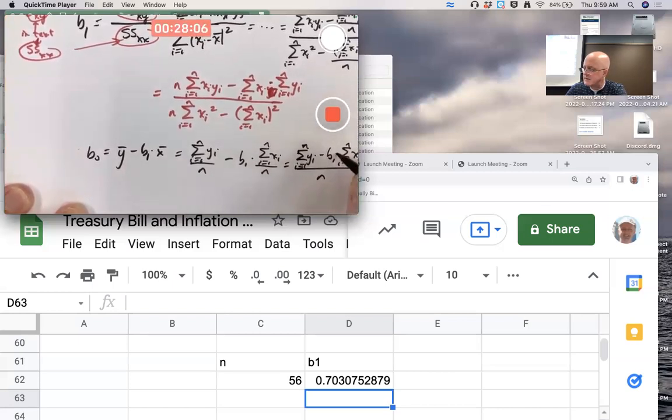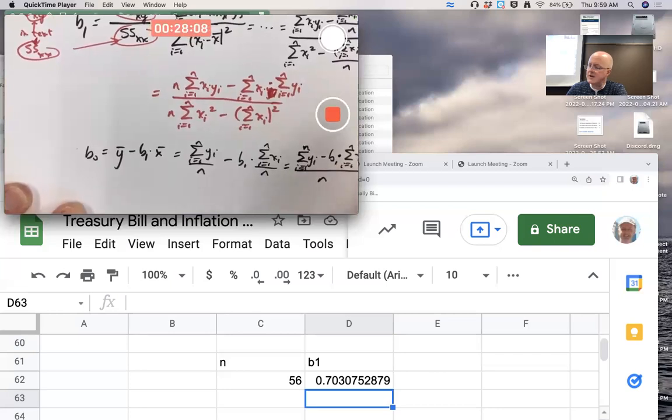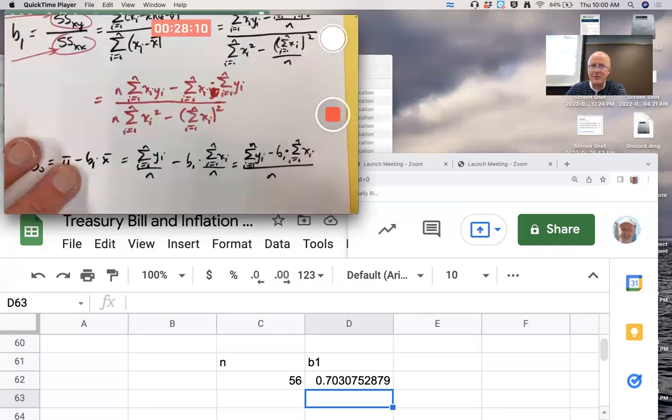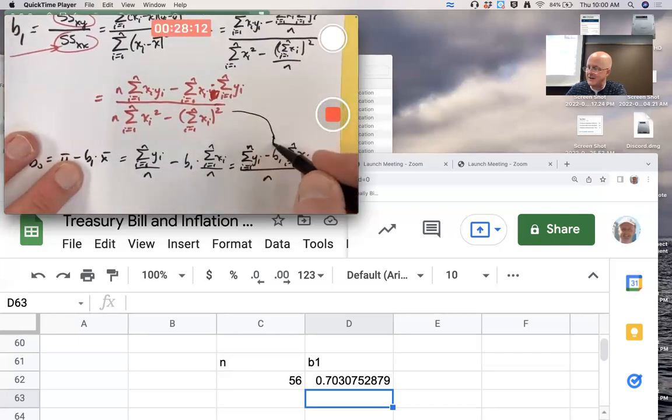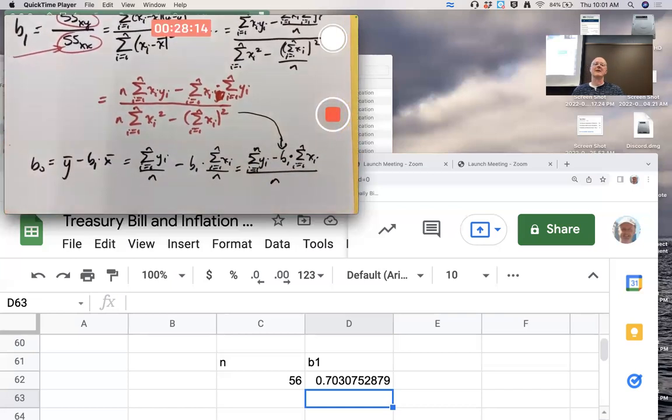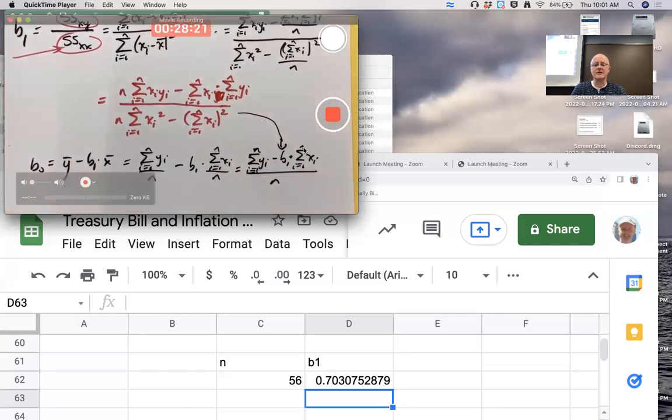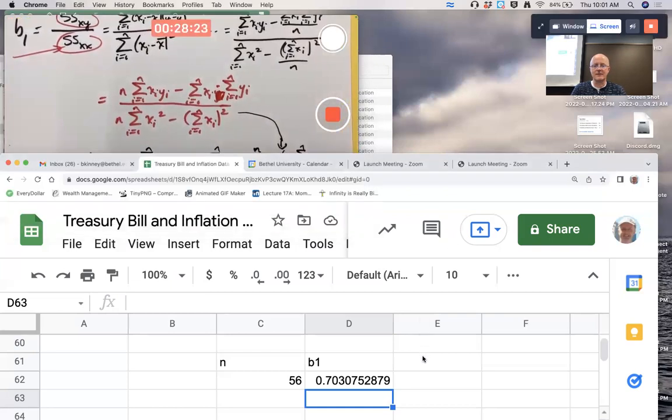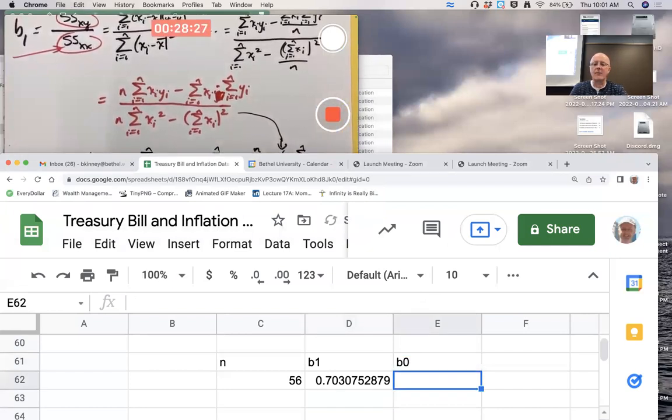If you wanted to, you could substitute this formula in place of b1 and try to simplify it, but it's not necessary. Just use the b1 you already found. Of course, I could find x bar and y bar as well.